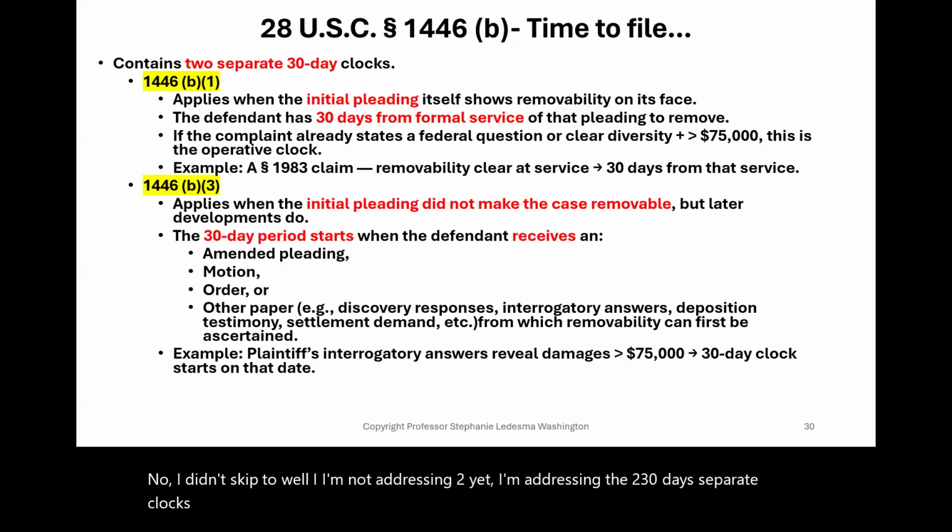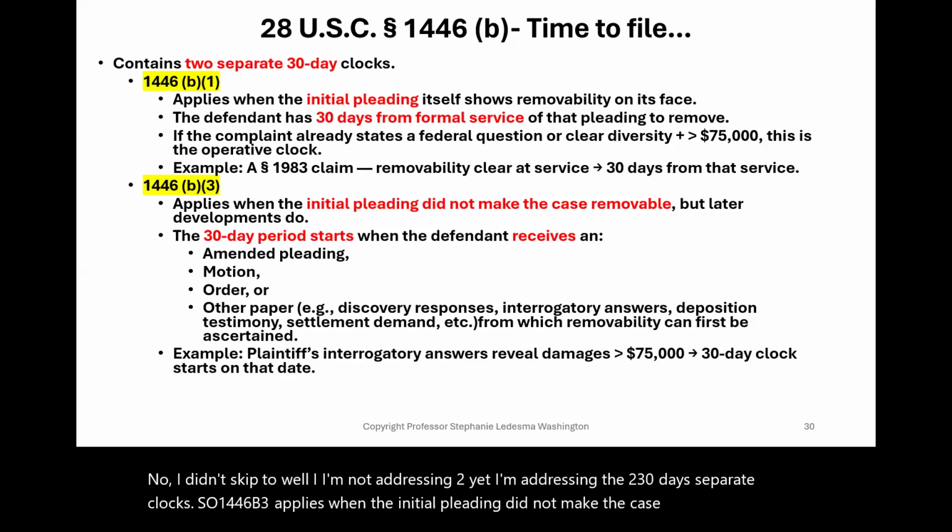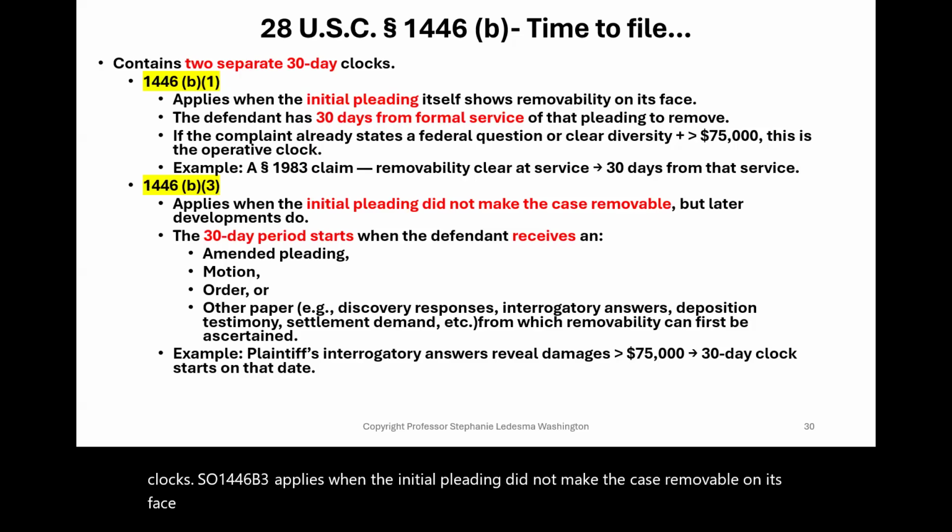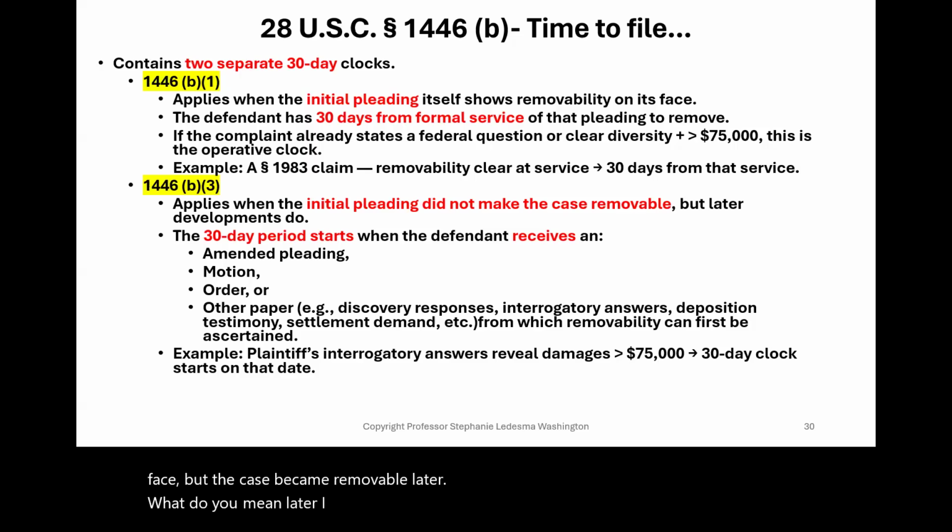So 1446(b)(3) applies when the initial pleading did not make the case removable on its face, but the case became removable later. What do you mean later? I mean after the initial filing, right?